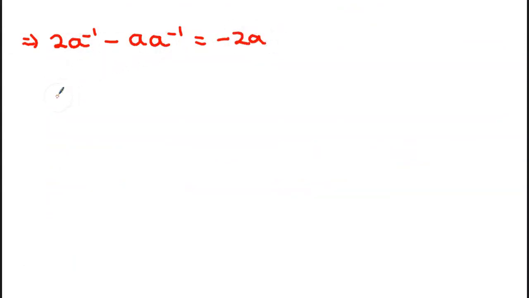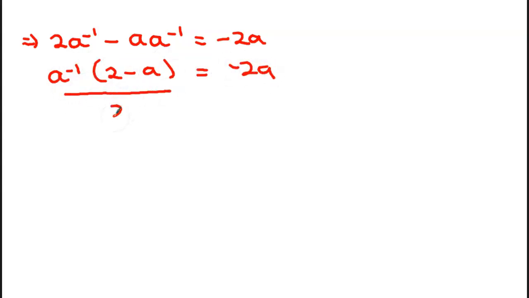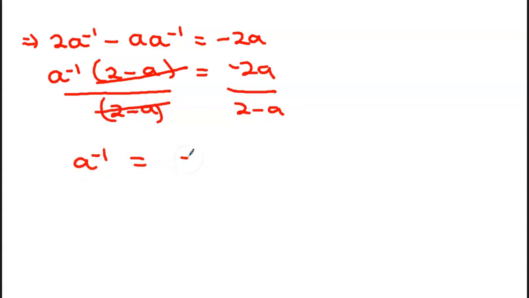So we want to find the inverse. Let's factorize A inverse out. So we have A inverse times 2 minus A, which is equal to minus 2A. So we divide both sides by 2 minus A, so this will cancel that. So A inverse becomes minus 2A over 2 minus A.